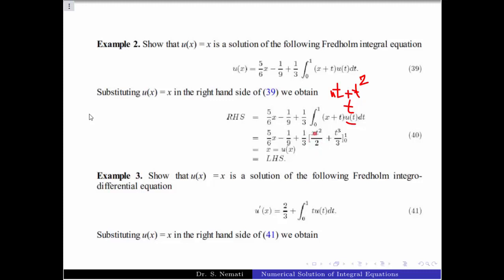So we have this function from 0 to 1, and we have to replace this lower and upper bound. If you replace these bounds and simplify this part, you obtain x, and you can easily check that the left side and the right hand side are equal.